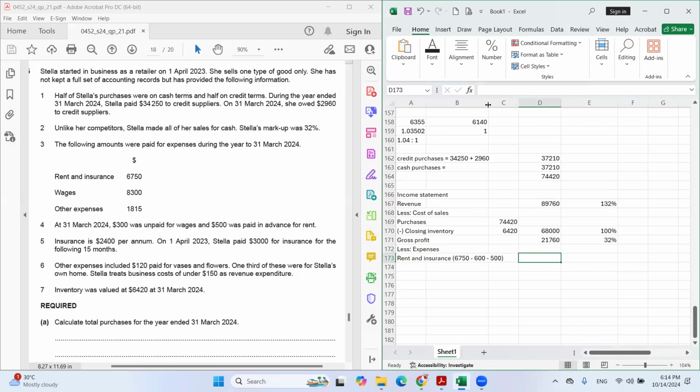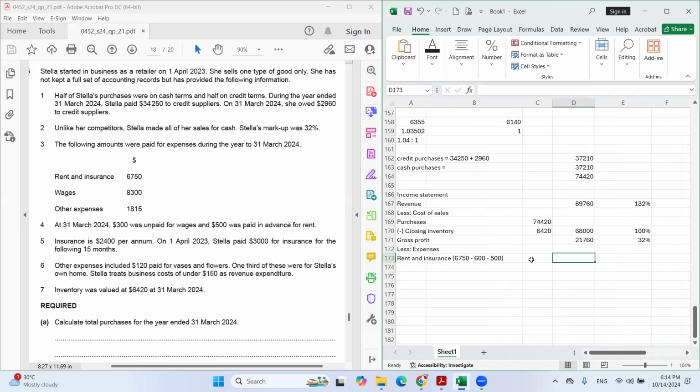Next, let's put in 6,750 minus 600 minus 500. And then what else? Wages. Wages got adjustment. Other expenses include the payment for the flower and 1/3 of the own home, trip business.